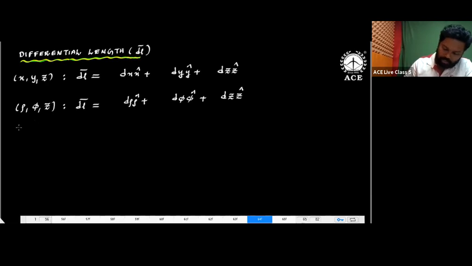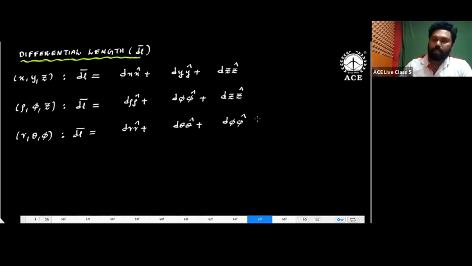Let us see what is the problem here. For the spherical coordinate system, r, theta, phi: dr r cap plus d theta theta cap plus d phi phi cap beta. Clear beta?